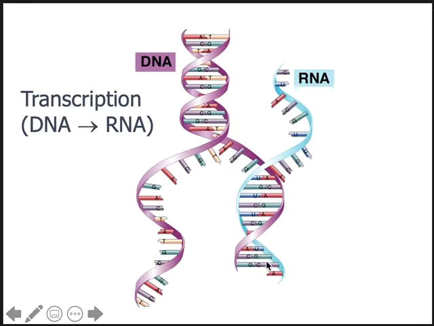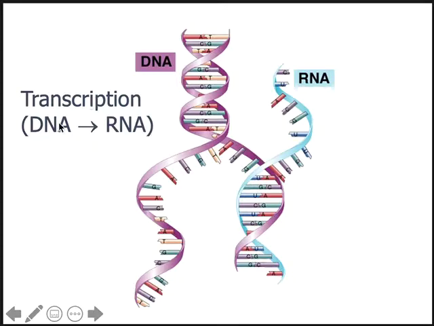Remember, to do this you need an RNA polymerase to copy the DNA into RNA. We talked about the differences between DNA and RNA in the last lecture, so you can go review that if you don't remember.